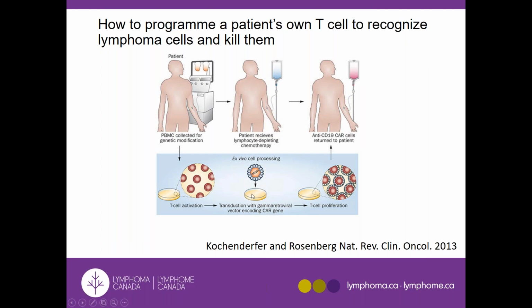And so that takes about 3 weeks to be manufactured, and then they are infused back into the patient. And there's a good chance that when chemotherapy wasn't able to kill the lymphoma anymore, then now this supercharged immune system can fight the lymphoma.